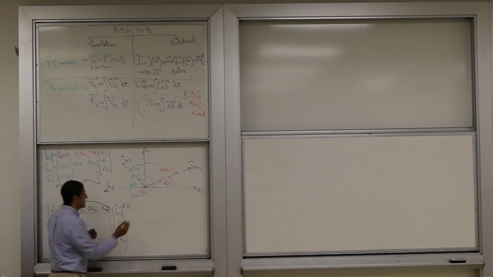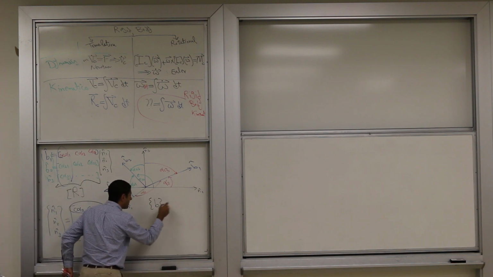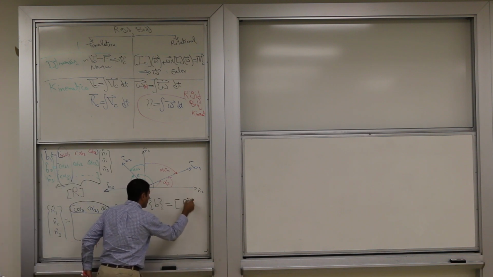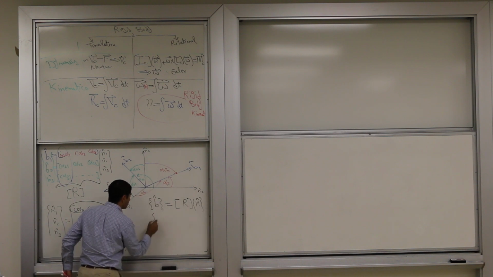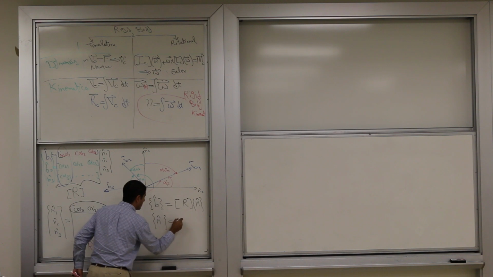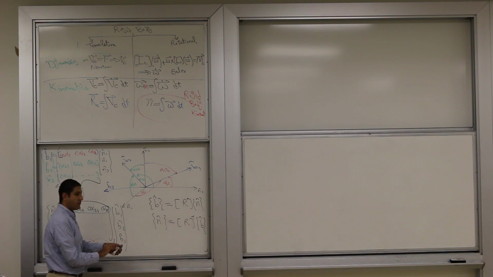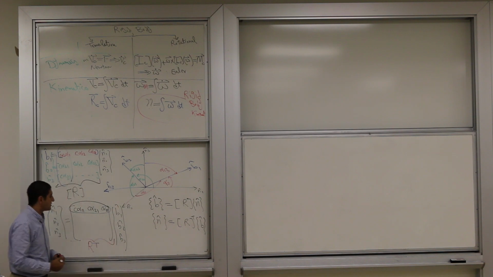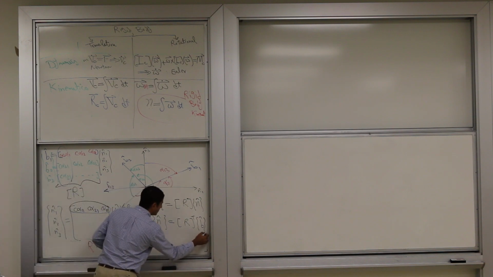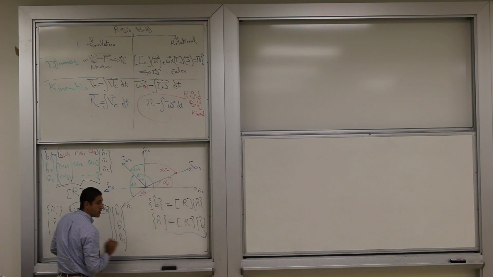Summarizing these two relations, the body frame is simply a rotation matrix times the N frame, and vice versa, the N frame is simply R transpose times the body frame. If you have one, you get the other, and this is obviously seen, which means that, what does it imply?